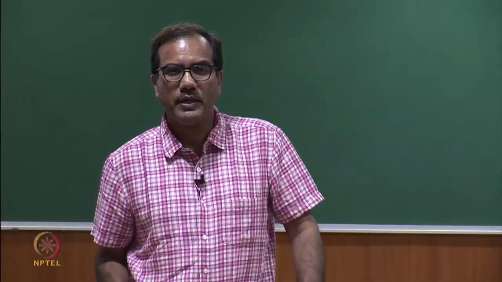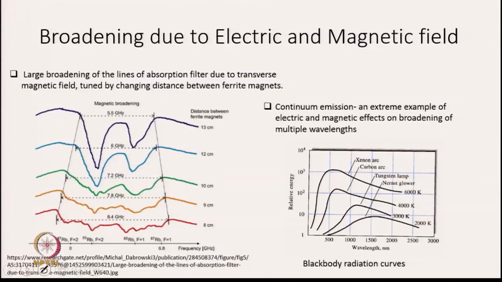Peaks may be broadened due to electric and magnetic fields. Large broadening of lines of absorption occurs due to a transverse magnetic field, tuned by changing the distance between ferrite magnets.